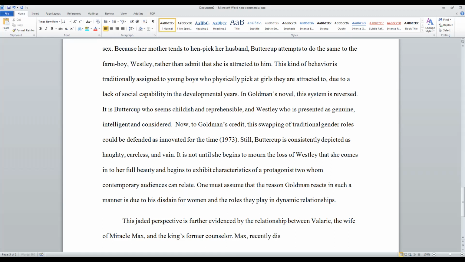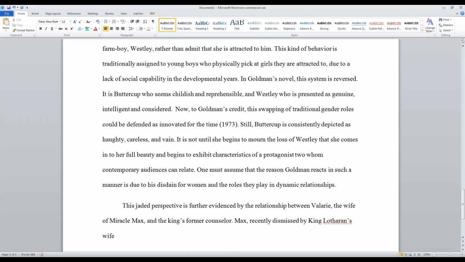Max, recently dismissed, well, actually, not by Prince Humperdinck, but by King Lotharon's wife, is asked to aid Wesley, Inigo, and Fezzik on their quest for vengeance.